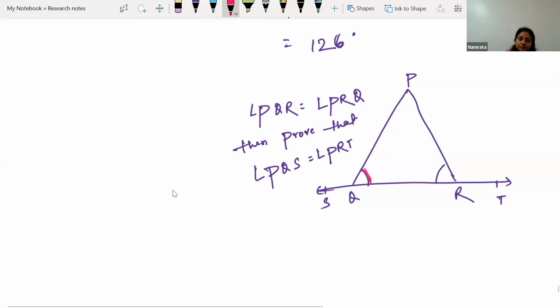If this angle and this angle are the same, then we have to prove that PQS, this angle and this angle, will also be the same.